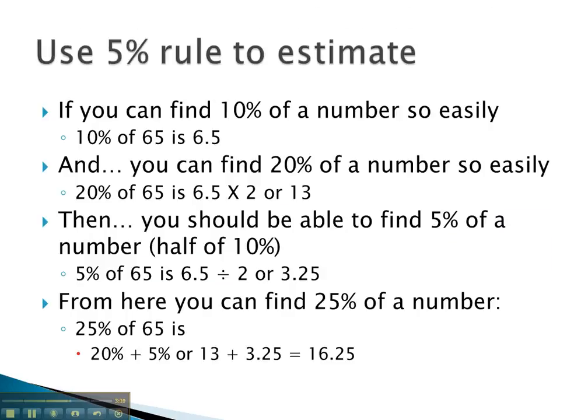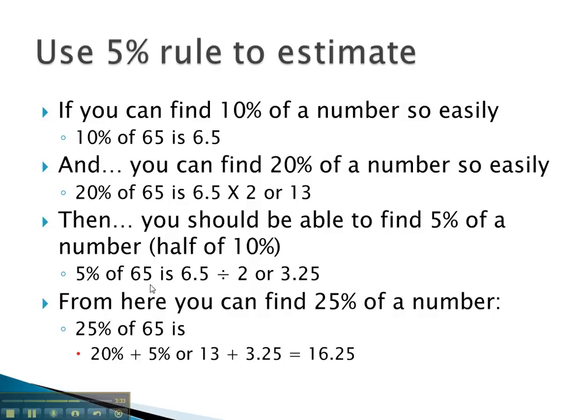If you can find 10% of a number so easily, and that is easy, 10% of 65 is 6.5. I don't need a calculator for that. And you can find 20% of a number so easily. Well, 20% of 65 is 6.5 times 2, or 13. Then you should be able to find 5% of a number, because it's just half of 10%.